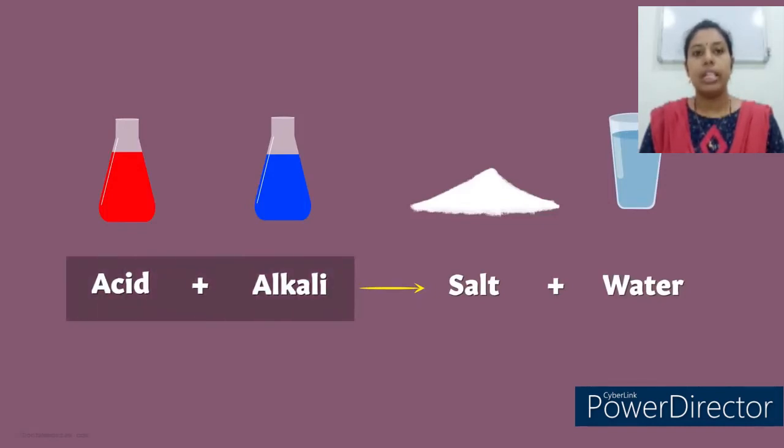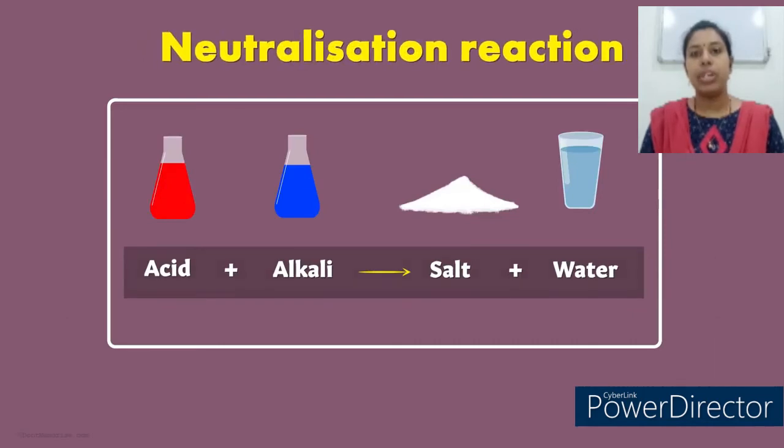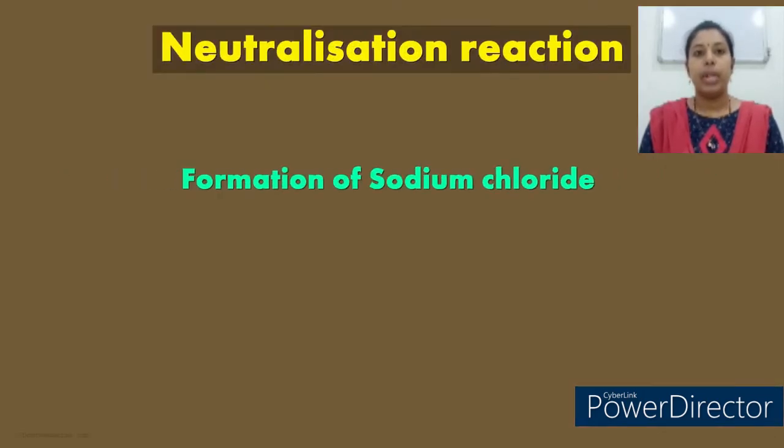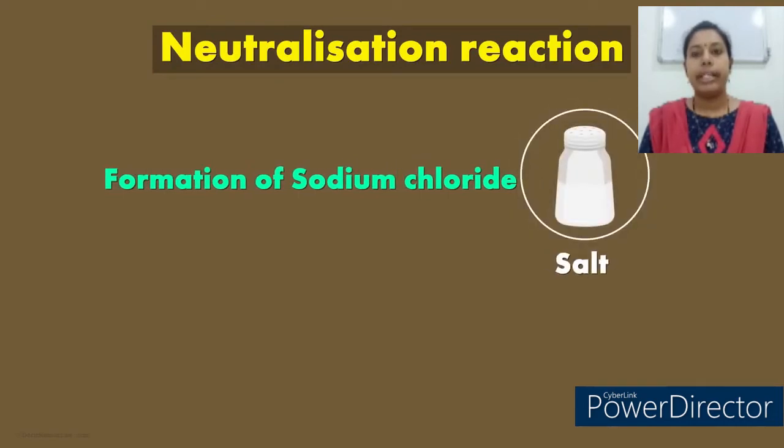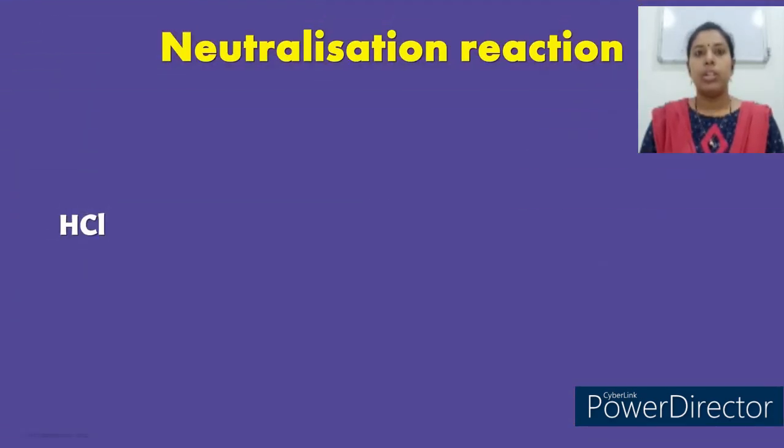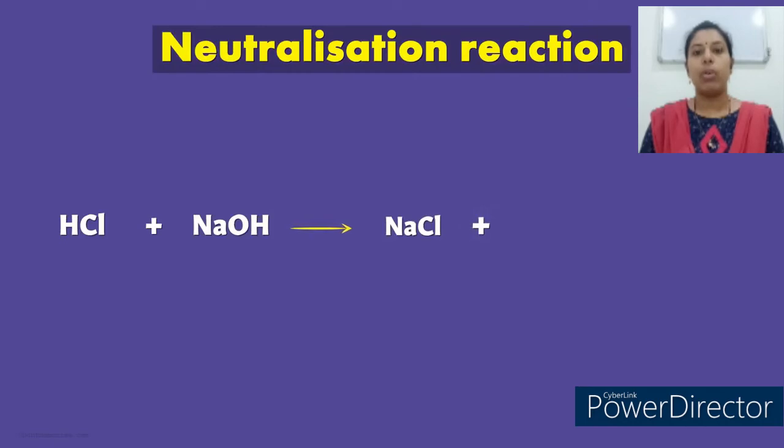This reaction is called a neutralization reaction. For example, formation of sodium chloride, that is common salt. When hydrochloric acid is combined with sodium hydroxide, we will get sodium chloride, and water is obtained as a byproduct.